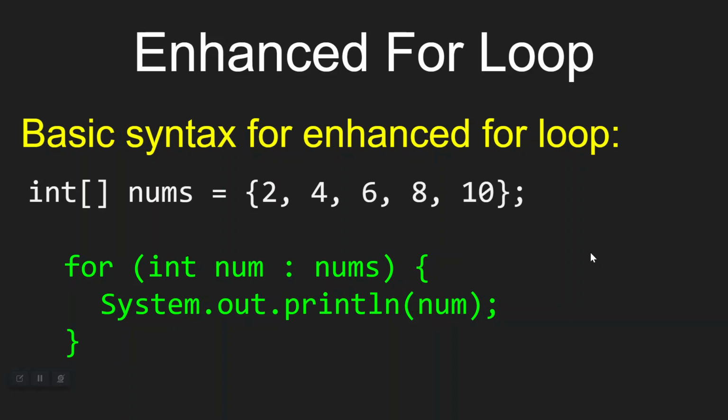So this reminds me a lot more of how I learned how to do this in Python. It's a simplified syntax, and again, it just seems to make things a little bit easier. Even though Java is not necessarily easy, this is a slightly easier way of writing a for loop. So this is called an enhanced for loop.